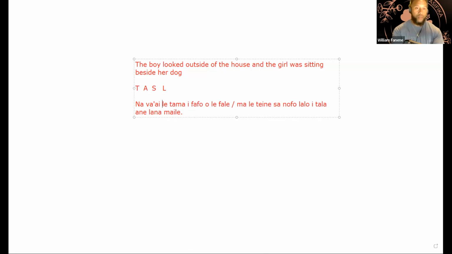So now va'ai, you still might probably hear people say va'aia, but I'm going to leave that out for now. So na va'ai le tama i fafo o le fale. So the boy looked outside of the house. Let me copy what she said here.